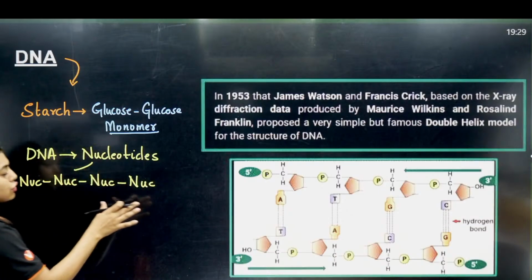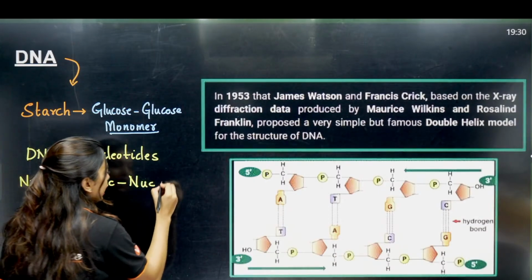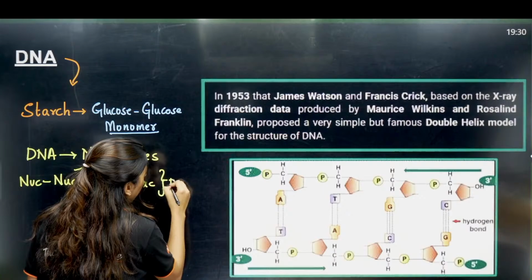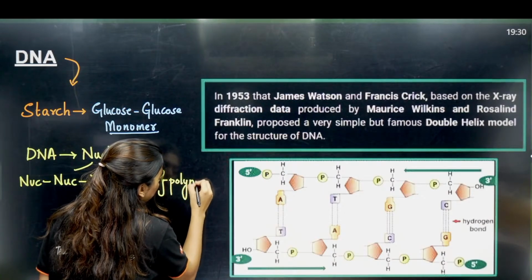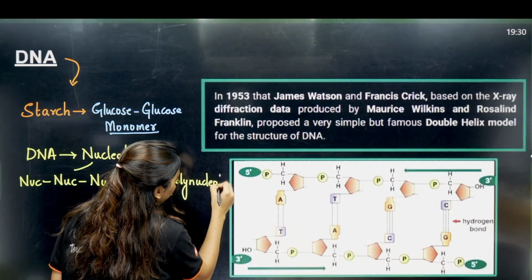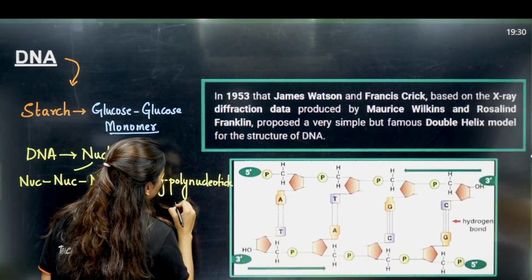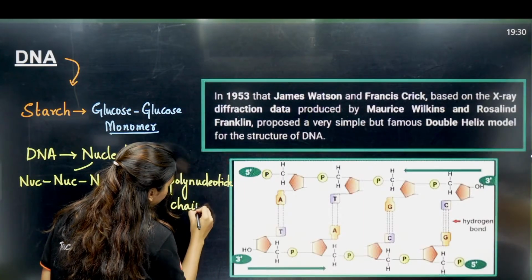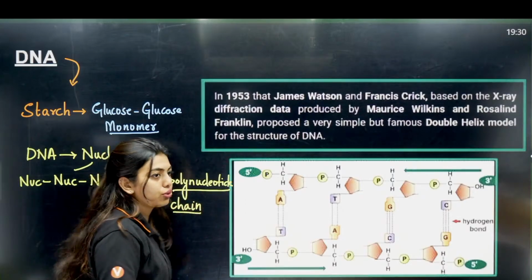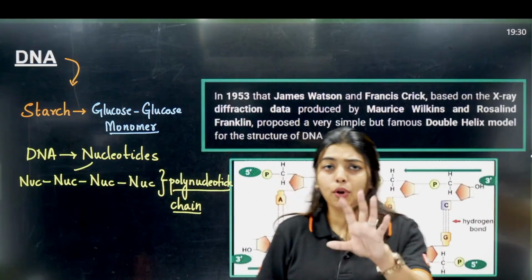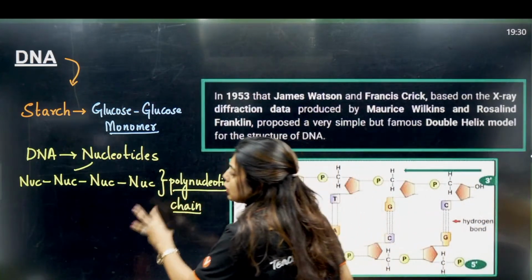Many nucleotides together form the DNA. So, we can also call this a polynucleotide chain. Clear? Polynucleotide chain. Did everyone understand? That is why in your textbook you will see the structure of the polynucleotide chain.